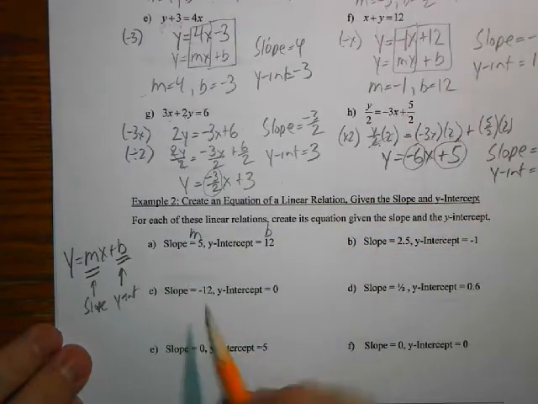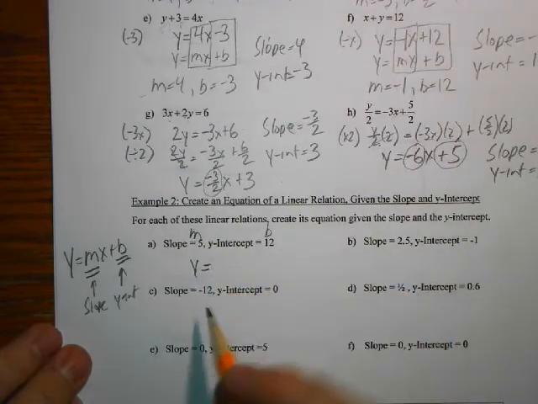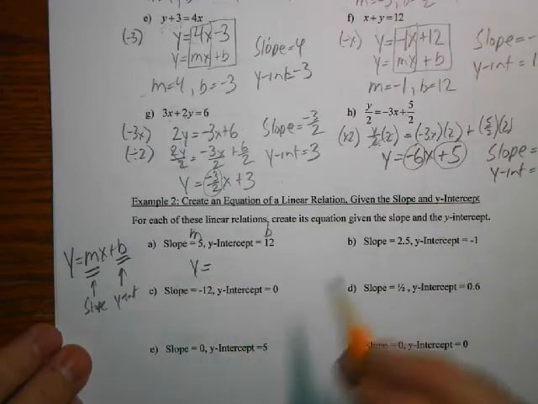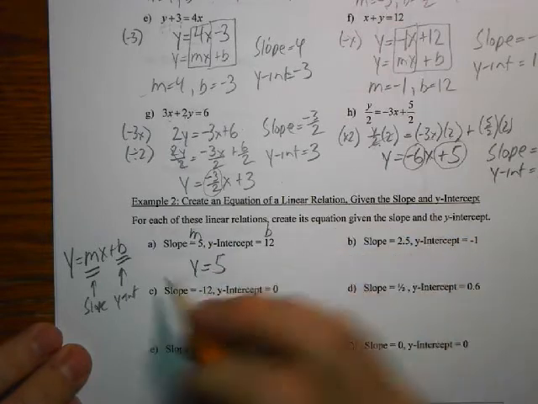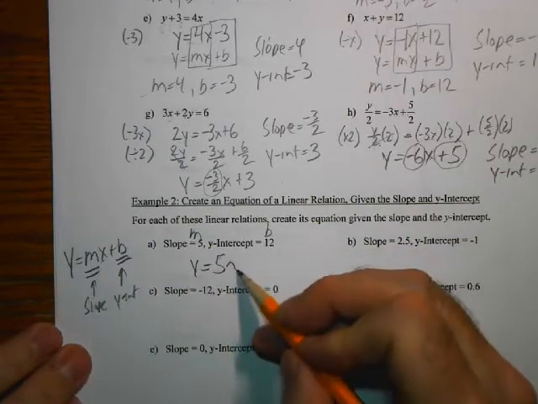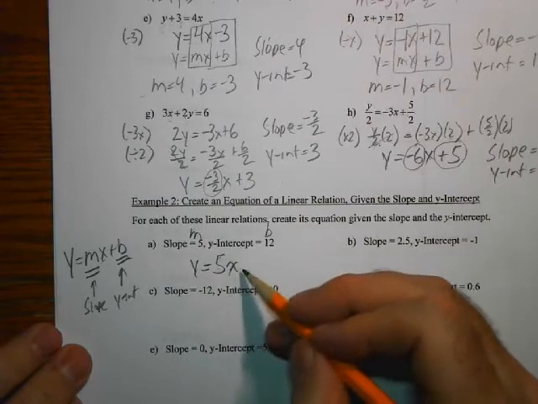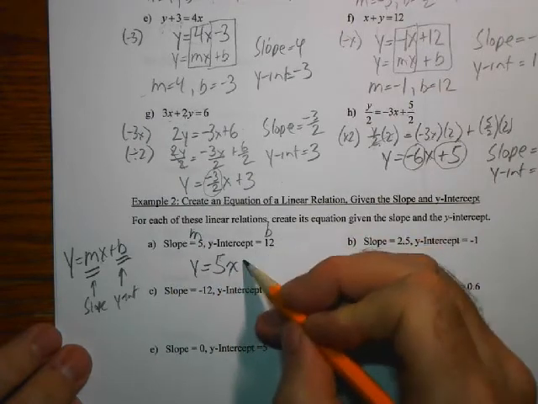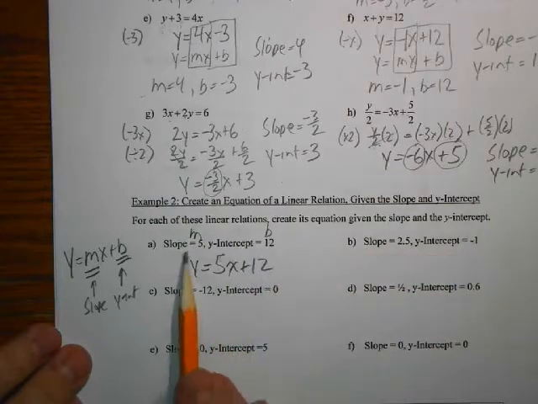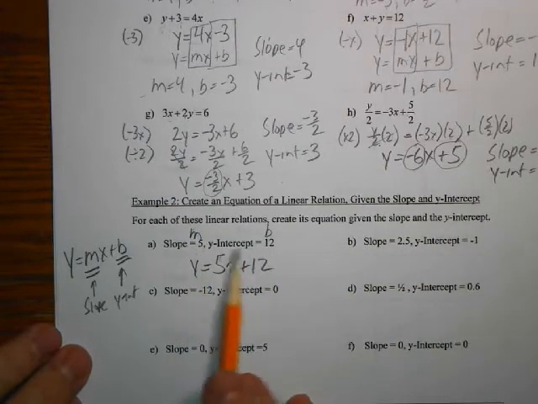So I start off by writing y equals, and then m in this case was 5, and don't forget the x, because the m goes with the x all the time, and then I add the b value, which is 12. So the equation of that line with slope 5, y-intercept of 12 is y equals 5x plus 12.